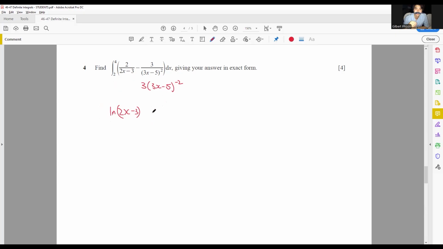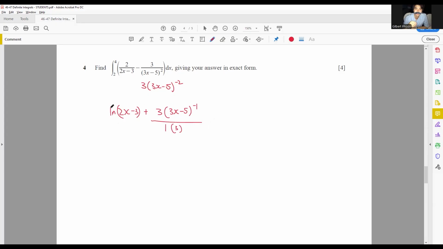And I continue to integrate this: the negative 2 brings in front, so it changes the symbol. 3, 3x minus 5 to the power of negative 1 over 1, and the differentiation of the inside here, so we times 3.